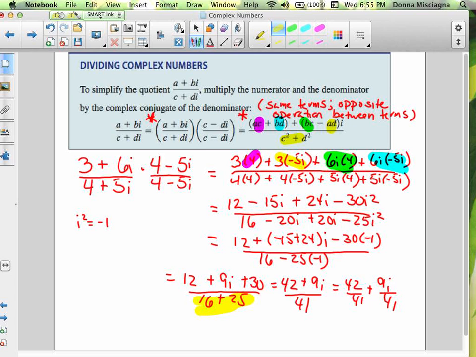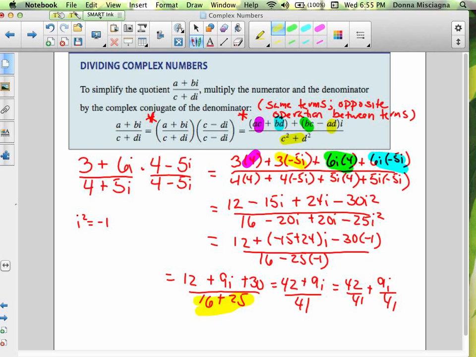So we have all of the products, but rather than trying to memorize the formula, we just multiplied, and everything works out, because for that B times D, we don't have to worry about that i, because we already get the i squared, and we replace that with a negative 1. When we replace, we have a subtraction sign. When we replace the i squared with a negative 1, automatically we're going to have a plus there.